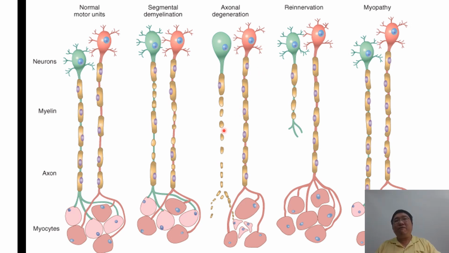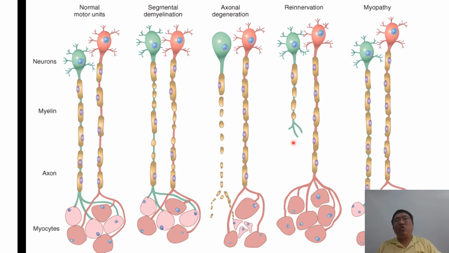When the nerve is cut or injured, the nerve, just like the axon, can grow. So this is the process of reinnervation. But the process is very slow, very slow.